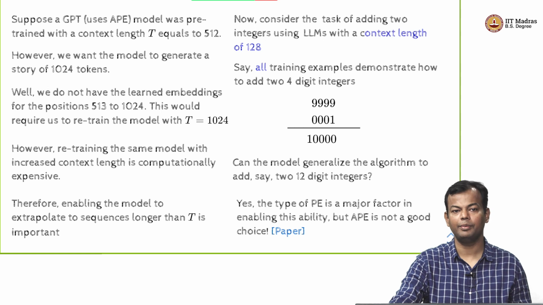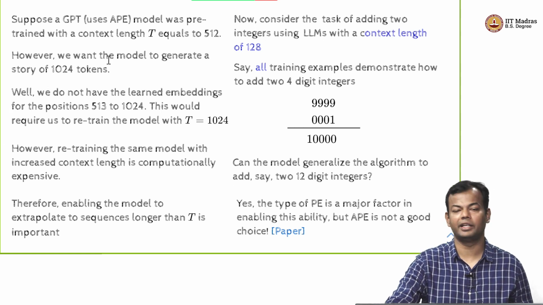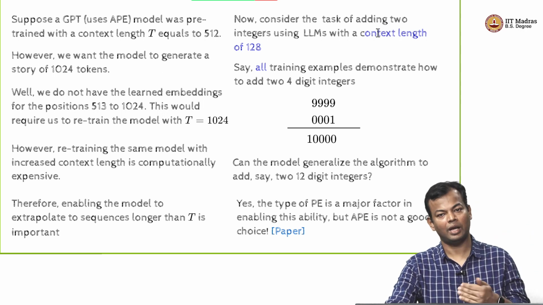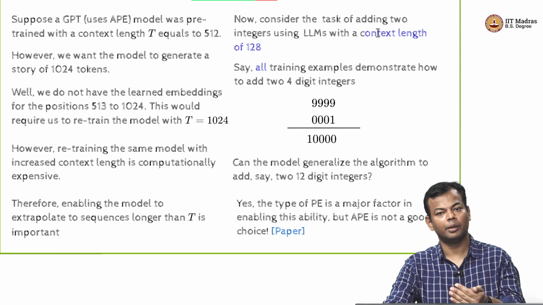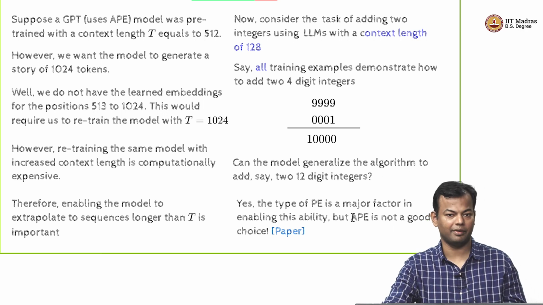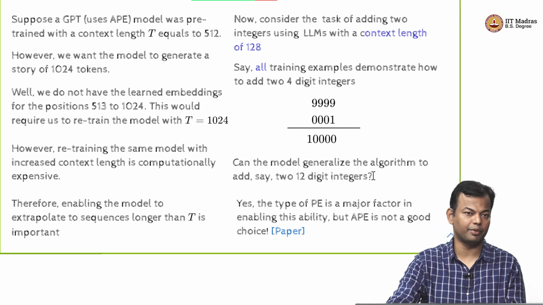So both these related problems: one is that if you have fixed the max sequence length, then it cannot generate things bigger than that, and the second is that even with a good max sequence length, if at training time you have seen only shorter sequences, then it will not be able to generalize. Both of these were established, and hence the need for relative positional embeddings.